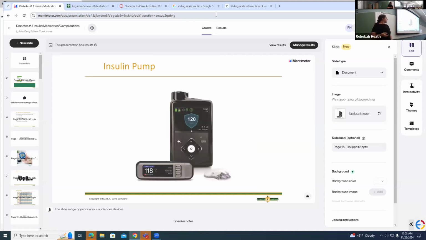This is a type of insulin pump. I want to say this one is a corded or a tube pump, meaning that this is a little piece. It's kind of like that Dexcom where it injects into the skin. And one thing I didn't say with the Dexcom, there is a little catheter that's about this long that does inject into the skin, and it's actually reading the glucose that's in your subcutaneous tissue.